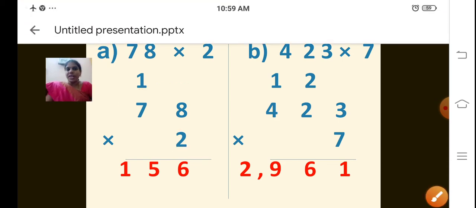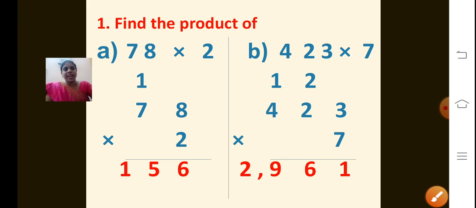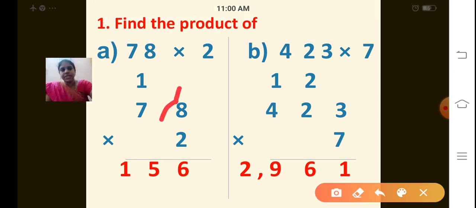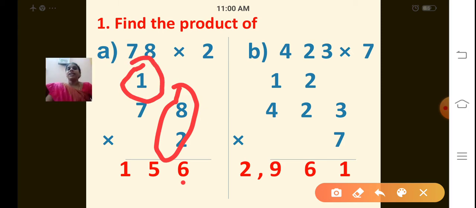What digit do we have at the ones place? 8. First we'll multiply this. 8 into 2, 16. Very good. So it's a 2-digit number. Write 6 here. That 1 will be carried over to the next place, tens place.